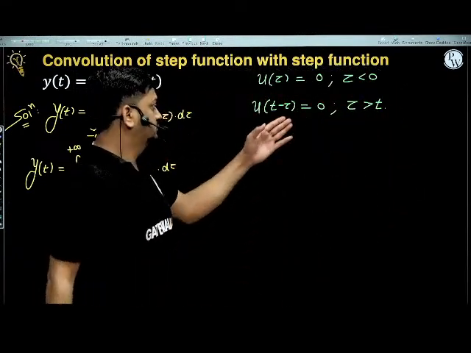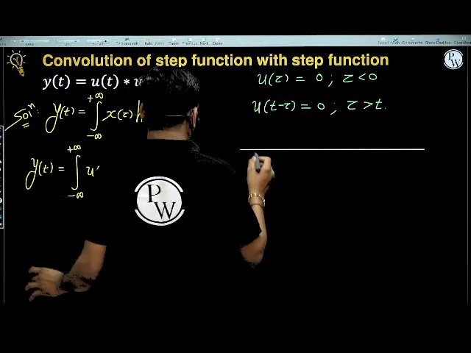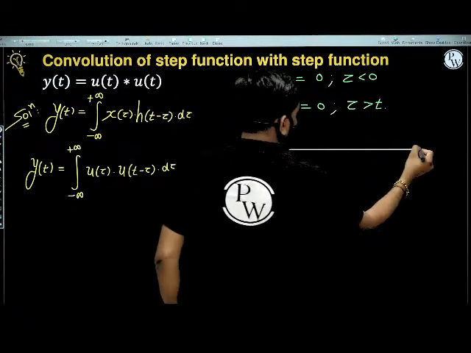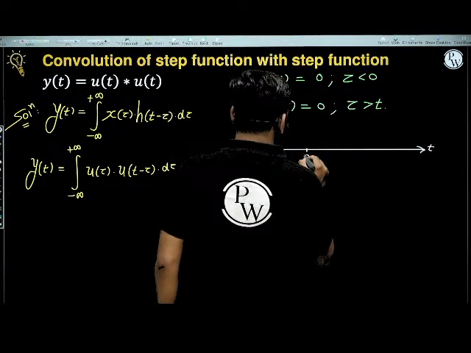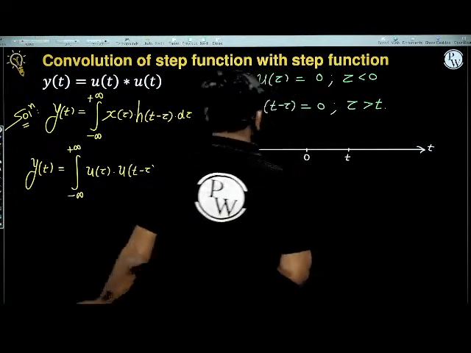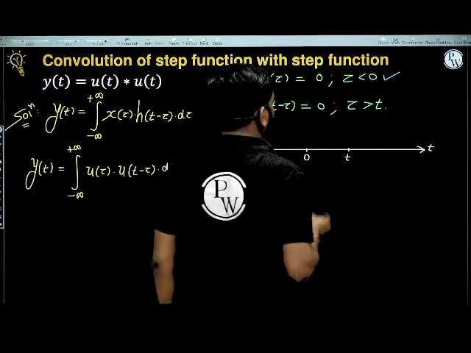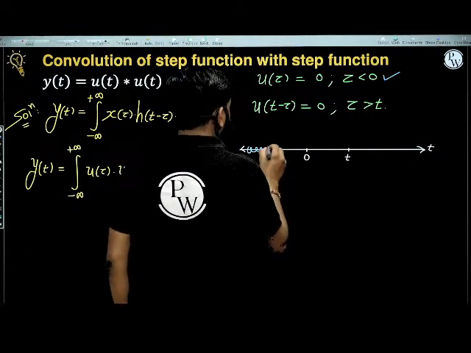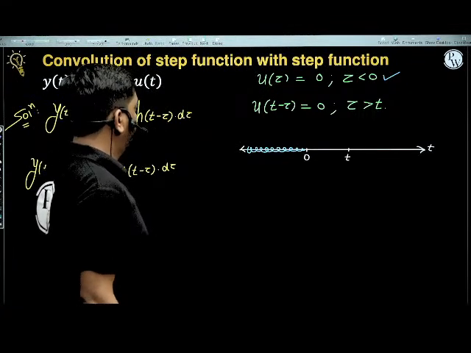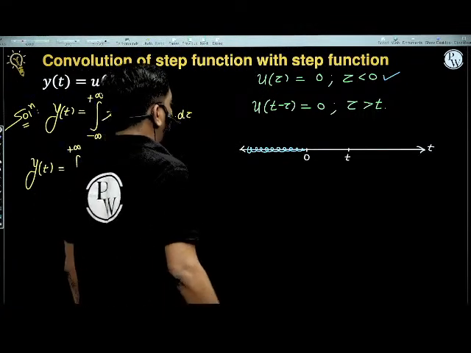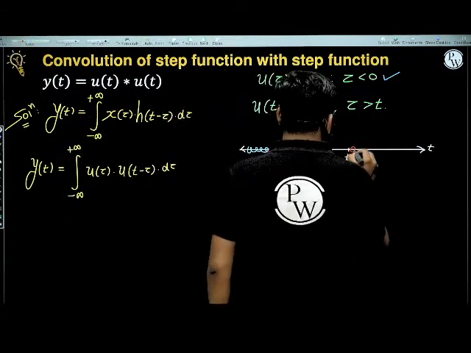Okay, so here see, this is 0 and this is t, guys, correct? So here u of tau is 0 for tau less than 0, and u of t minus tau is 0 for tau greater than t, guys.